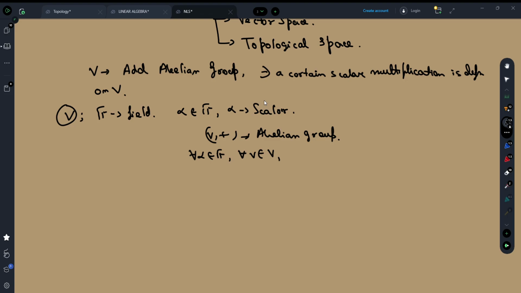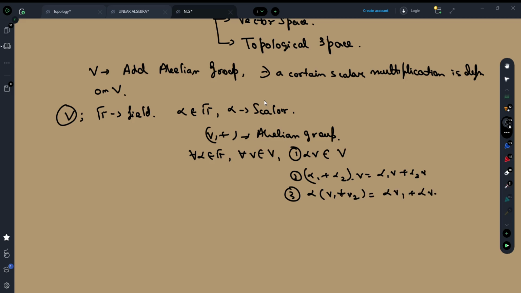We define the scalar multiplication as, firstly, that it's closed, so alpha times V is in V. Next, for two scalars, (alpha 1 plus alpha 2) times V is alpha 1 V plus alpha 2 V. Next, alpha times (V1 plus V2) is alpha V1 plus alpha V2. So distribution happens from both sides, for the scalars as well as for the vectors.